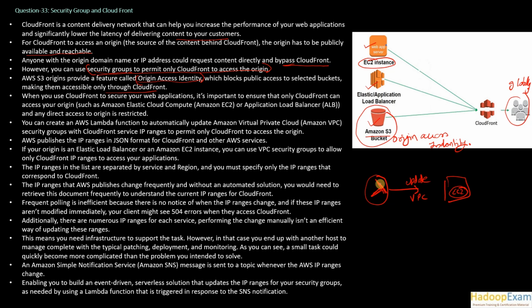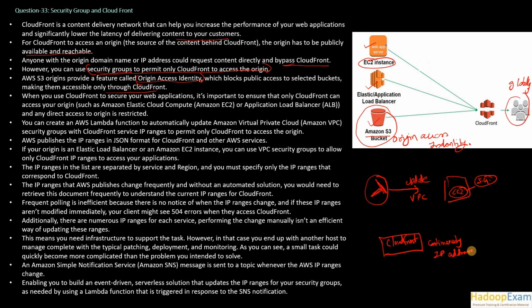So basically, the EC2 instance needs a security group that defines who is allowed, and Lambda's responsibility is to update the security group. What would they update? CloudFront is an Amazon-provided service, and it continuously changes its IP addresses, correct?